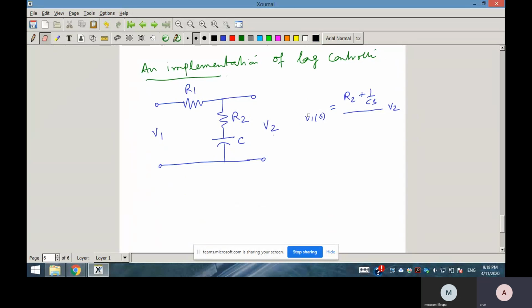So I will do it a bit in more detail. Suppose this is your I1. So what is your I1? I1(s) will be equal to V1(s) divided by R1 plus R2 plus 1 upon CS.